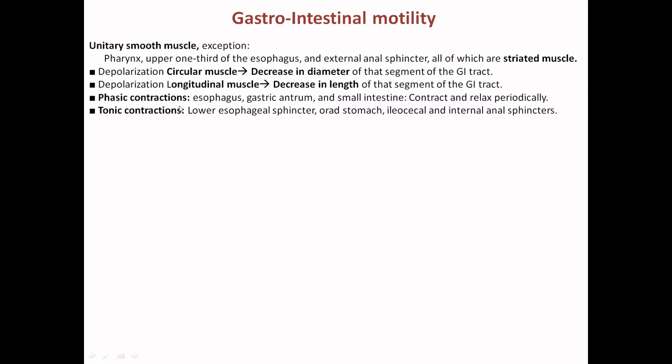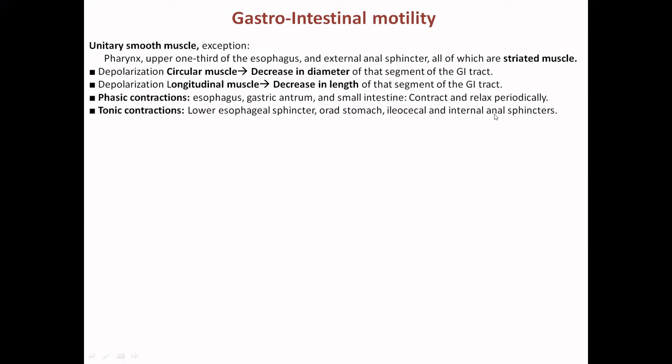The phasic contraction happens in the esophagus, gastric antrum, and the small intestine. Phasic contraction means they contract and relax periodically, meaning a to and fro movement. But the tonic contraction is seen in the lower esophageal sphincter, orad stomach, ileocecal sphincter, and the internal anal sphincter.